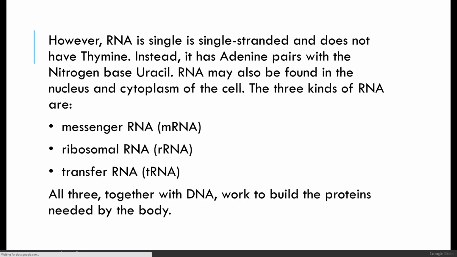However, RNA is single stranded and does not have thymine. Instead, adenine pairs with the nitrogen base uracil. So again, in RNA, thymine is not there. It was actually replaced by uracil.